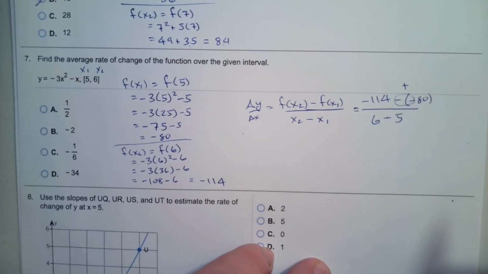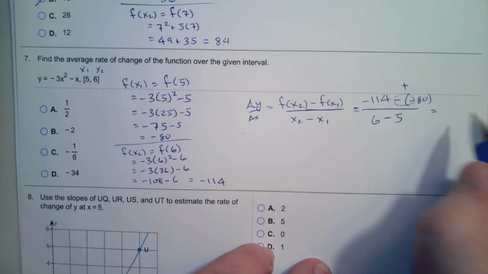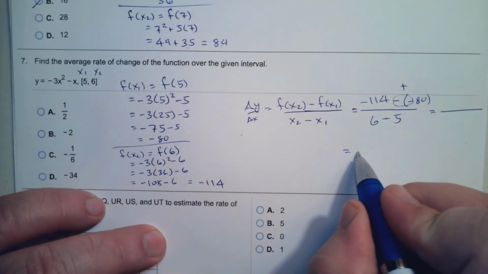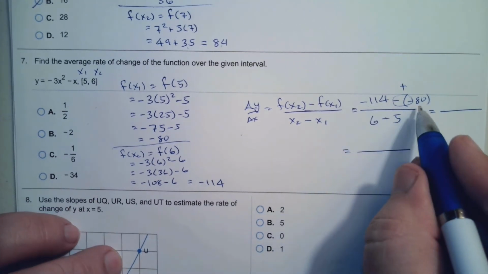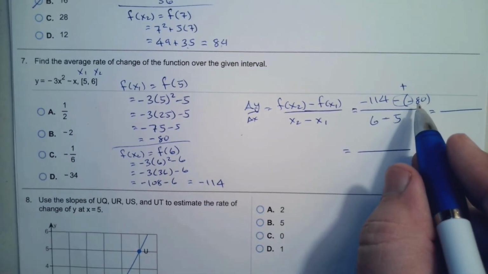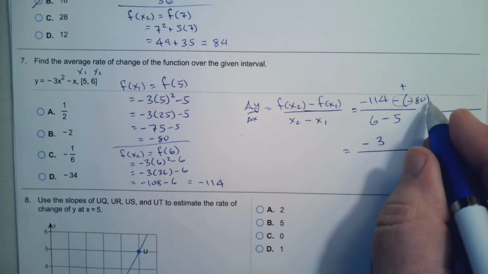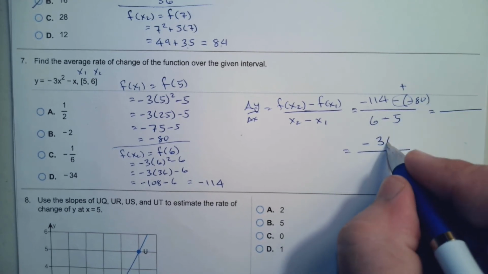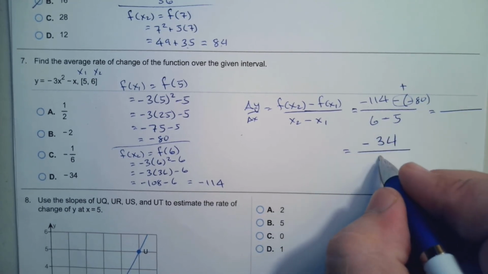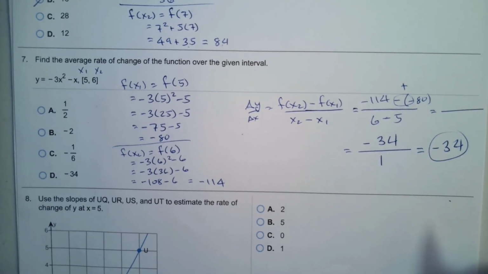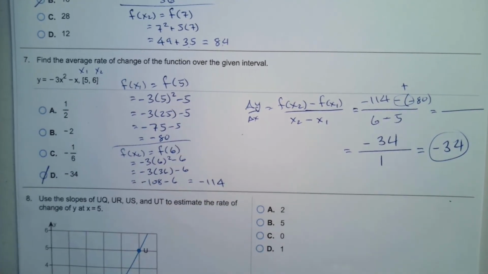Those negative signs become a plus. Negative 114 plus 80 is negative 34. 6 minus 5 is 1. The answer is negative 34. D.